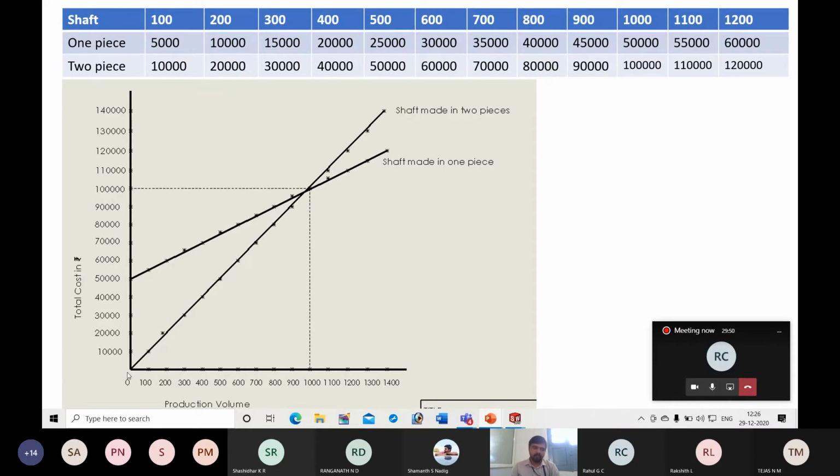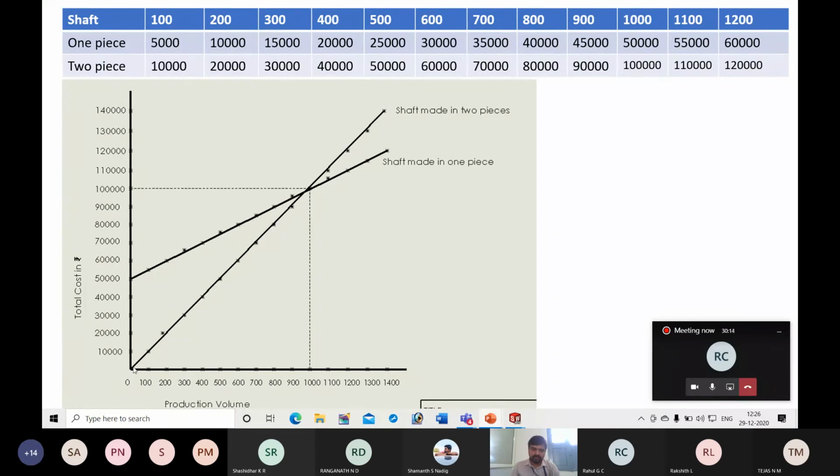Similarly, if you want to draw the curve for the shaft made in two pieces, there is no fixed cost. The reason is that you are making use of the already available machine, which is of no use if you don't use it for making these shafts; it will remain as scrap.